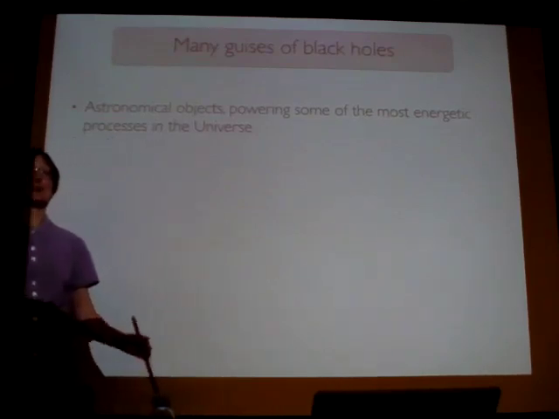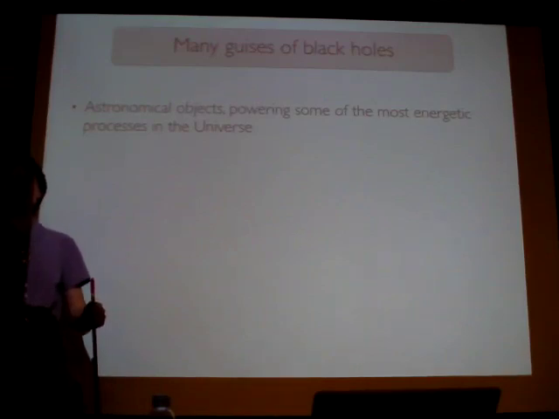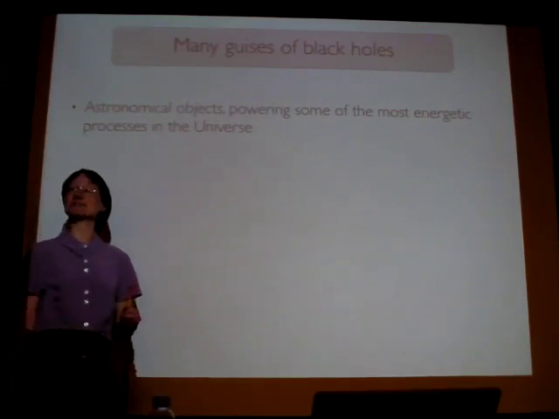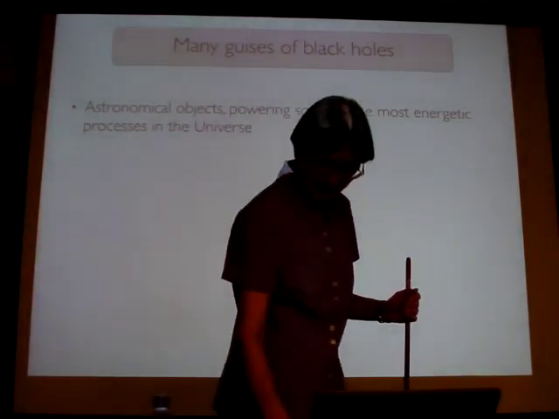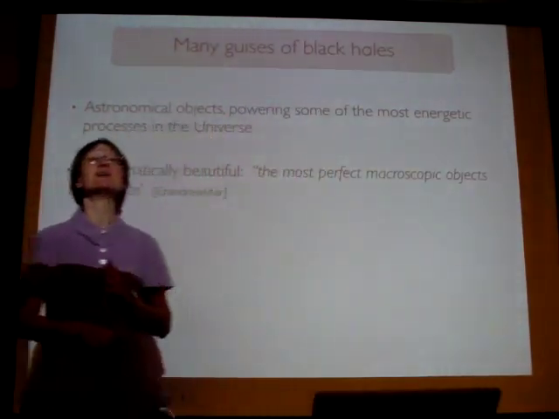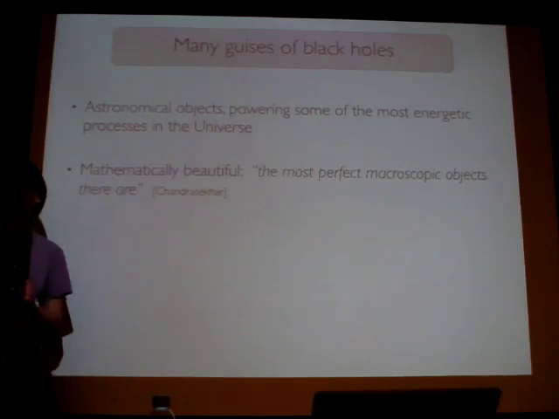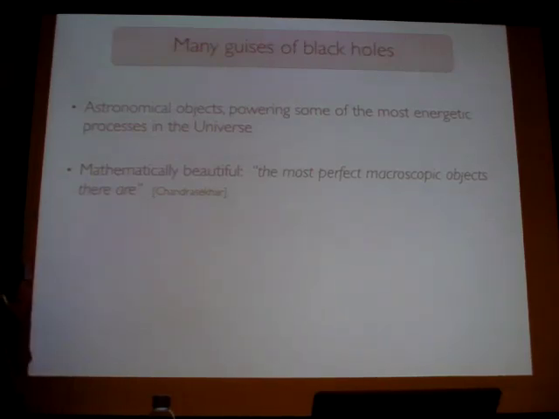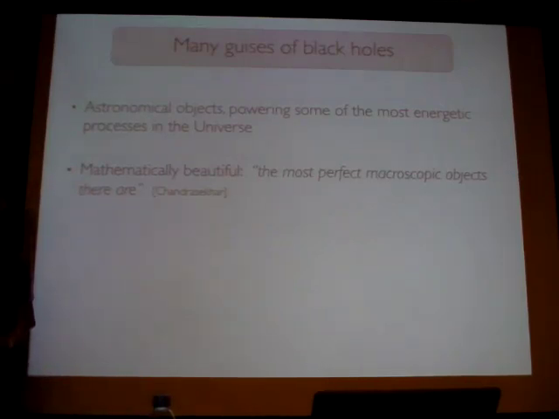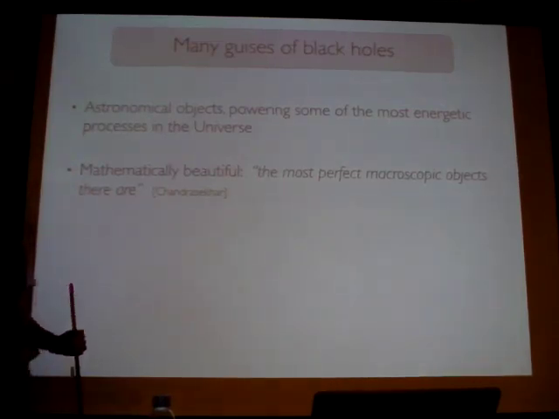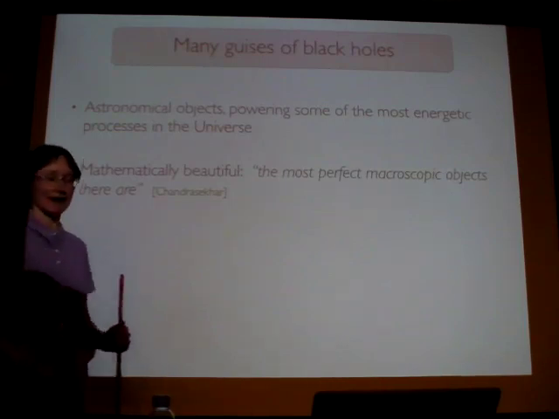Okay, but it's remarkable that despite their physical presence in nature and their rather unusual attributes, black holes are actually described mathematically very simply. In fact, Chandrasekhar called them the most perfect macroscopic objects in the universe, because the only ingredients in their construction are concepts of space and time.